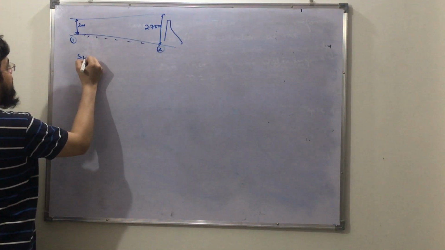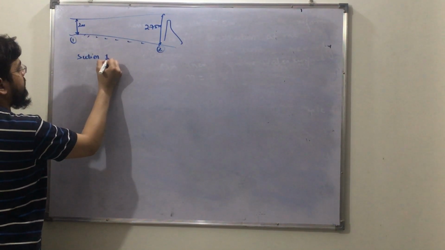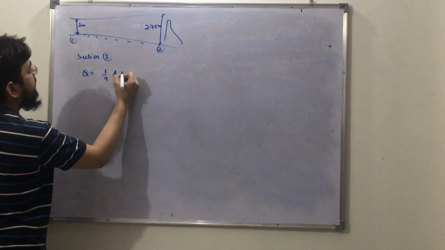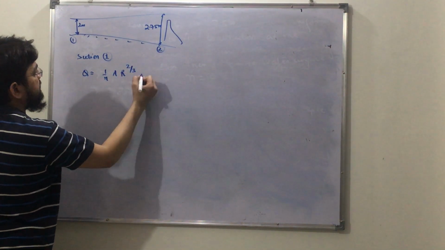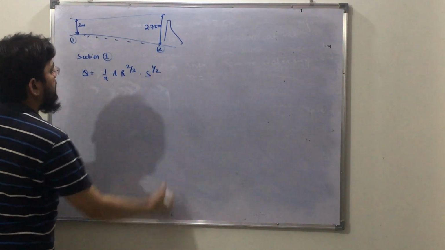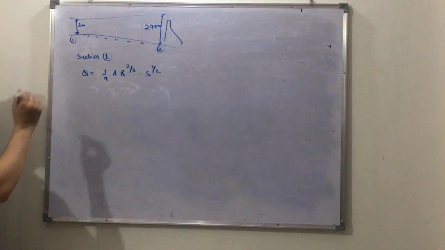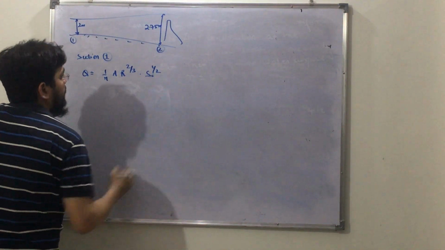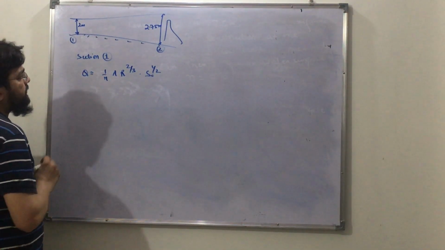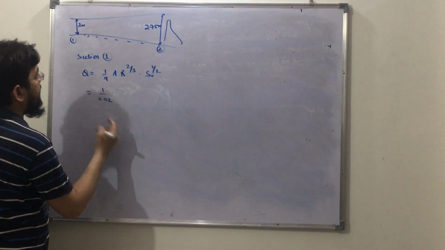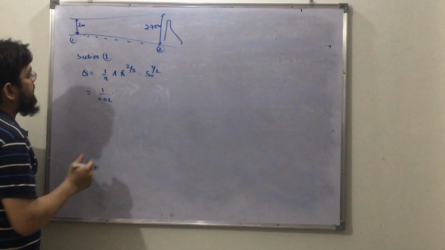So section 1, we know that Q is equal to what? 1 upon N, A, R to the power 2 by 3, S to the power 1 upon 2. Since at section 1 it is given that we have uniform flow, this S can be written as S naught. Correct? So this Q is equal to 1 upon 0.02. What is A? B into Y. What is B? 7.5.